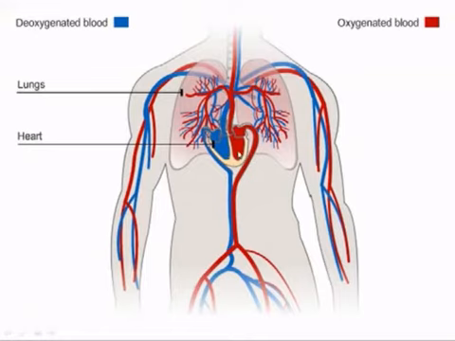Whereas the left side of the heart receives oxygenated blood from the lungs and pumps it to the different parts of your body through arteries. And here the blue color indicates the deoxygenated blood and the red color indicates oxygenated blood.